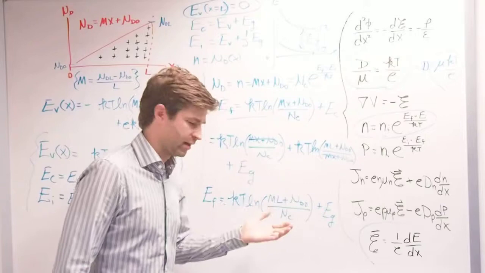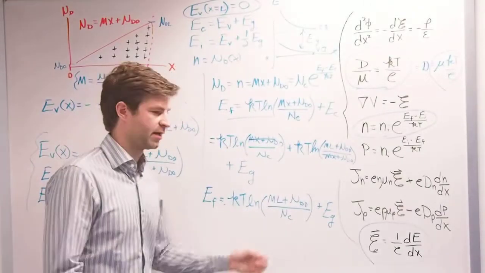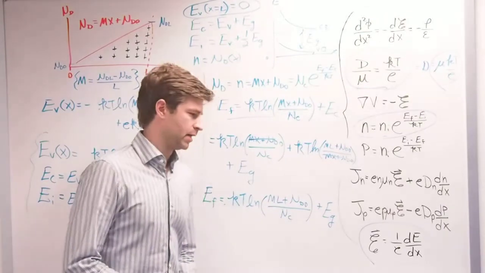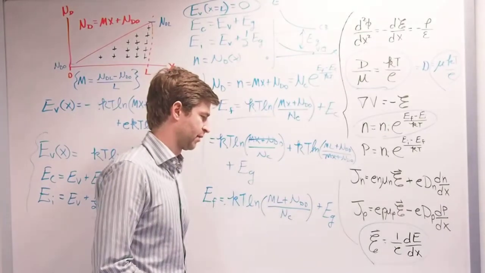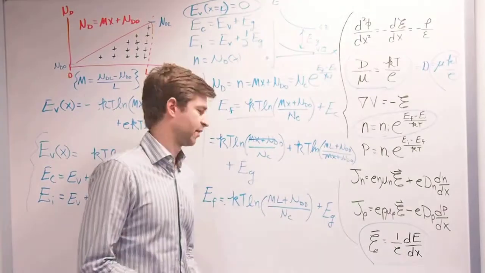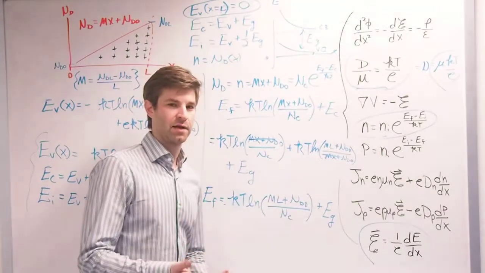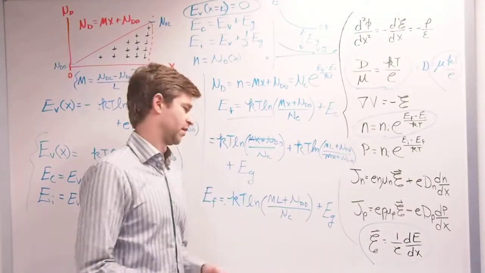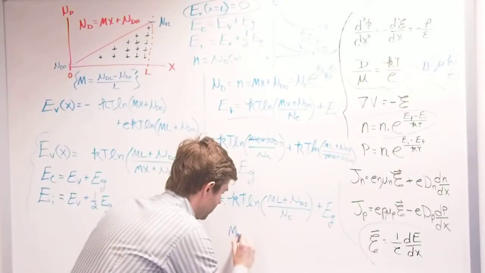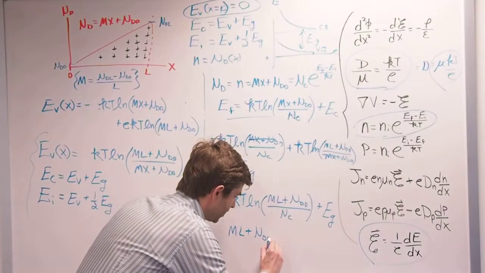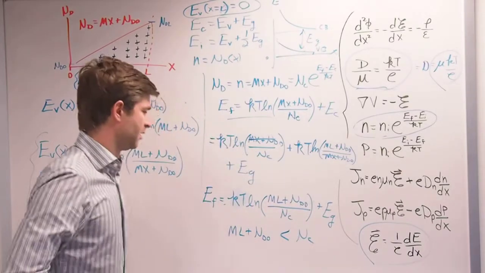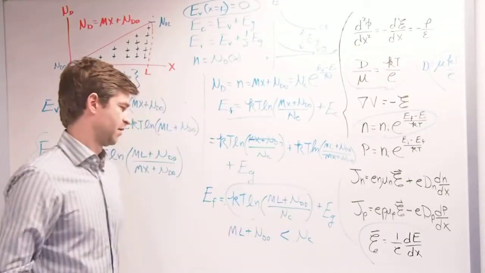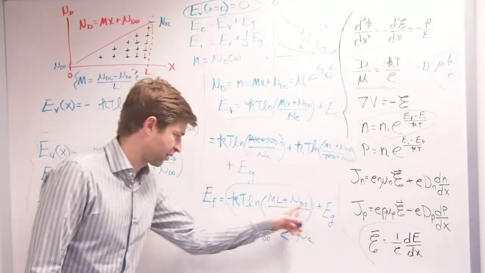For silicon, N_C is on the order of 10 to the 19 per cubic centimeter, and if it's non-degenerate with 100% ionization, then m L plus N_D0 is less than the effective density of states in the conduction band everywhere in the semiconductor. So this is smaller than N_C, and since it's a natural log, this whole term is going to be negative, so the whole thing is going to be under that. And we can see it's a constant, there's no x.